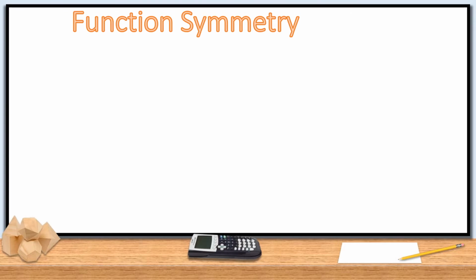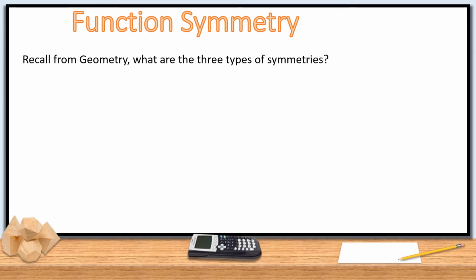Today is about identifying if there is symmetry in the function. So is it just an asymmetrical function that there isn't really much else going on with, or is there a symmetry that we can use? From geometry, what are the different types of symmetries? We had axial symmetry, so lines of symmetry, and we had rotational symmetries.